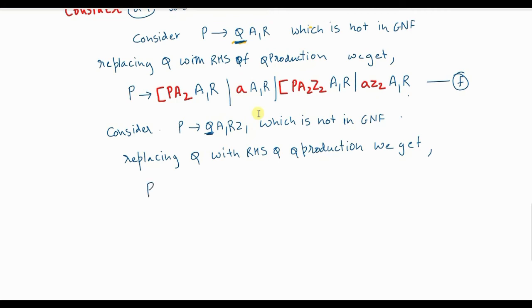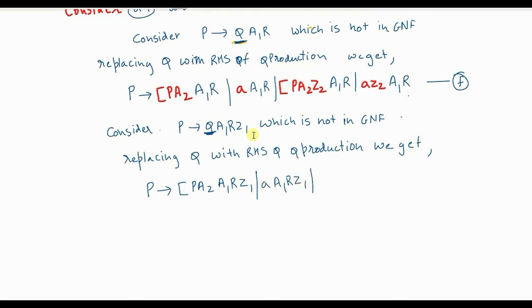I can now write this as P gives, in place of Q I will write the first term, that is bracket PA2 A1RZ1, first term. Then the second term of the Q production happens to be A, so Q will be replaced with A, so it will be small a A1RZ1.